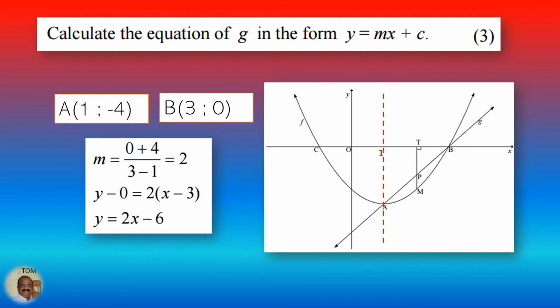That is the formula for the equation of a straight line. You substitute y1 is 0, x1 is 3, then we modify the equation and we get y equal to 2x minus 6, the equation of g in the form y equal to mx plus c. 3 marks.